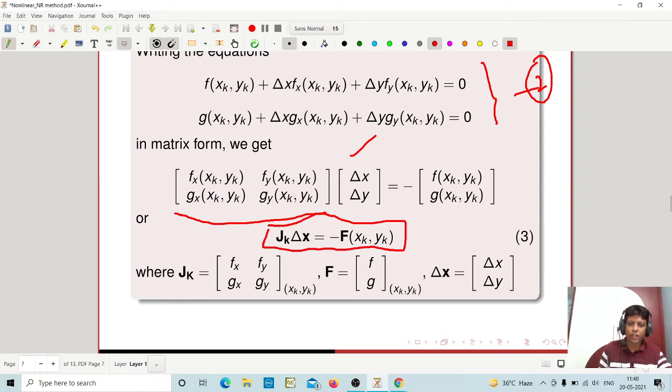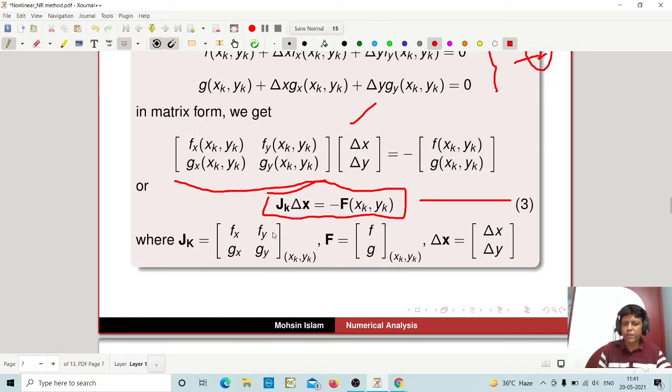This is a very important expression, J_k, where J_k is the 2 cross 2 matrix denoting the partial derivatives f_x, f_y, g_x, g_y at (x_k, y_k), and delta bold x is the column matrix delta x, delta y, and bold f is the column matrix containing the functions f, g at (x_k, y_k). So this is the matrix representation. This is 3.